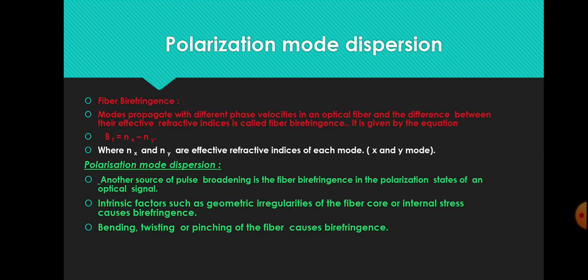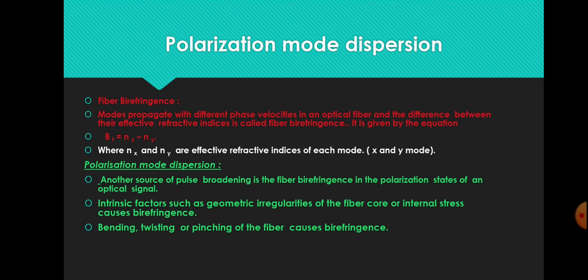And the next topic is polarization mode dispersion. Before discussing the details of polarization mode dispersion, you should know what fiber birefringence is. Actually it is a basic topic, fiber birefringence. We know that in the case of multimode fibers, modes propagate with different phase velocities in an optical fiber, and the difference between their effective refractive indices is called fiber birefringence.